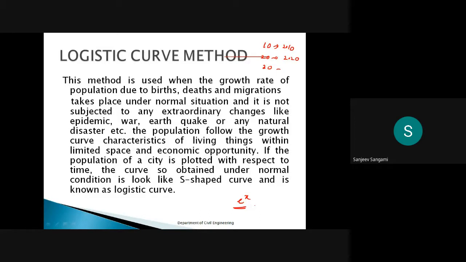Growth is high and death is very less, and there will not be any sudden change in the population. If the population of a city is plotted with respect to time, the curve so obtained under normal conditions looks like an S-shaped curve and is known as the logistic curve.